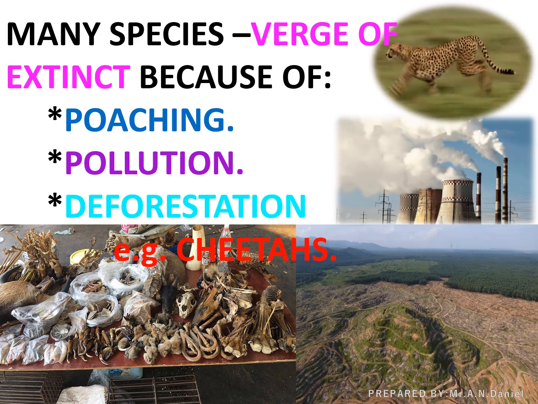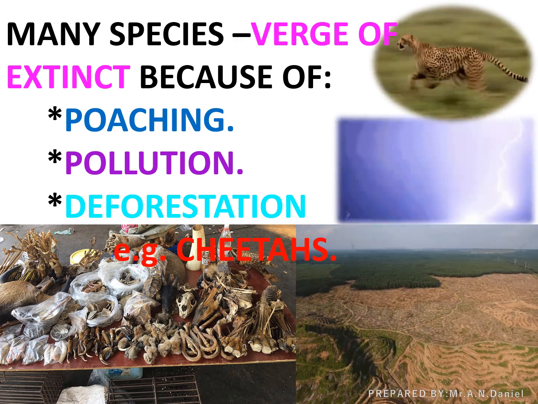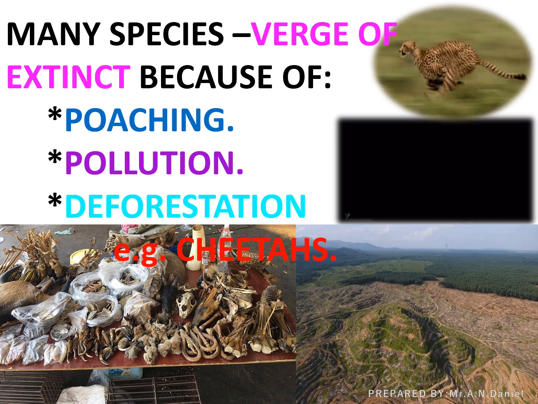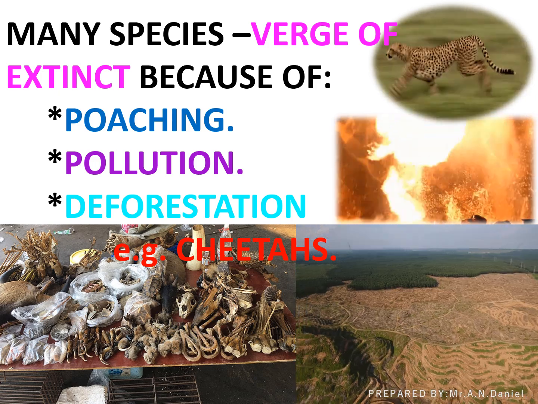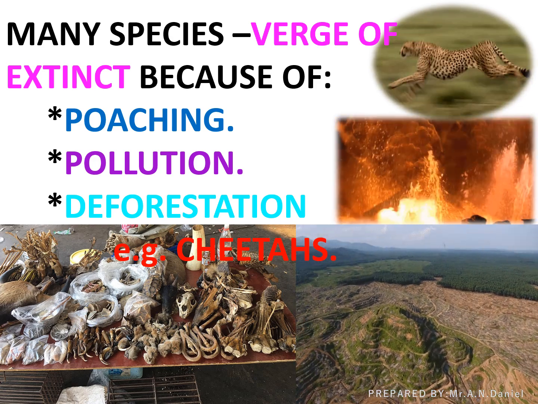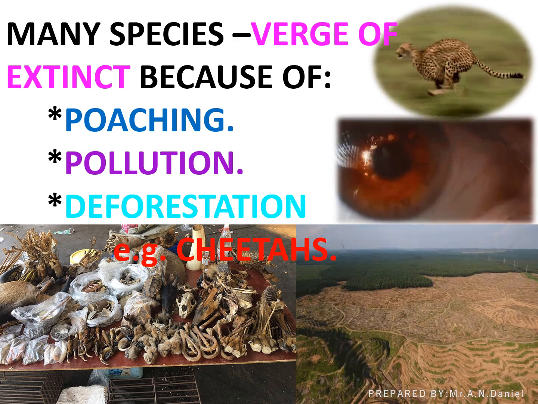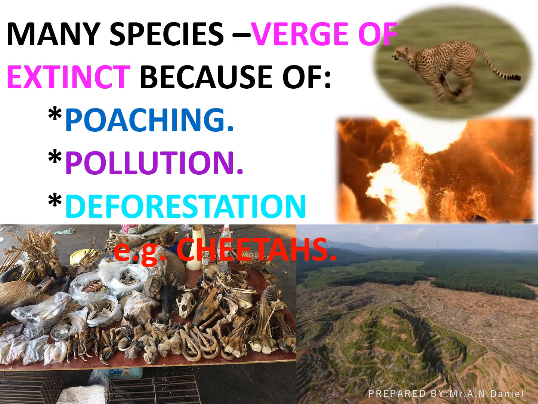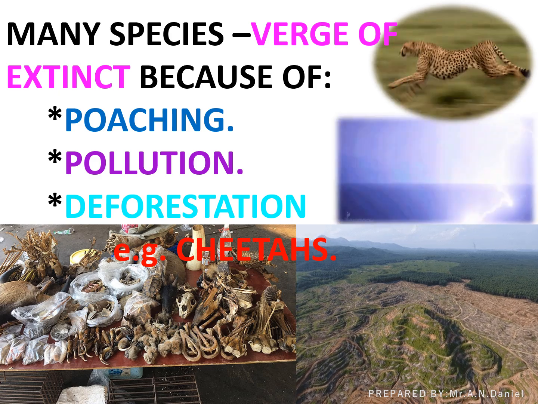At the same time, many species are on the verge of extinction. Why? Various reasons are there. One, poaching. That means illegally hunting for various purposes. Pollution let out from industries.